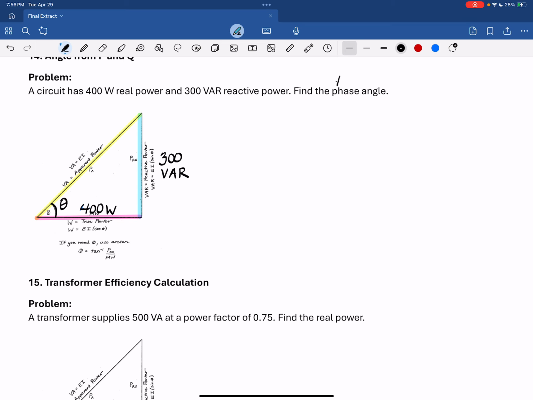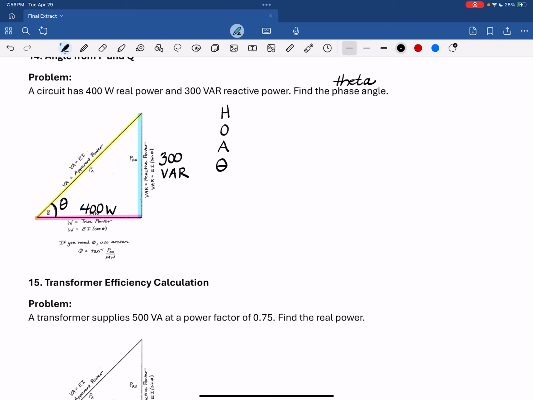So they want us to find theta. I know I'm going to need an arc function to do this. I don't know which function it's going to be until I consider SOHCAHTOA. So let's set up H, O, A, theta.